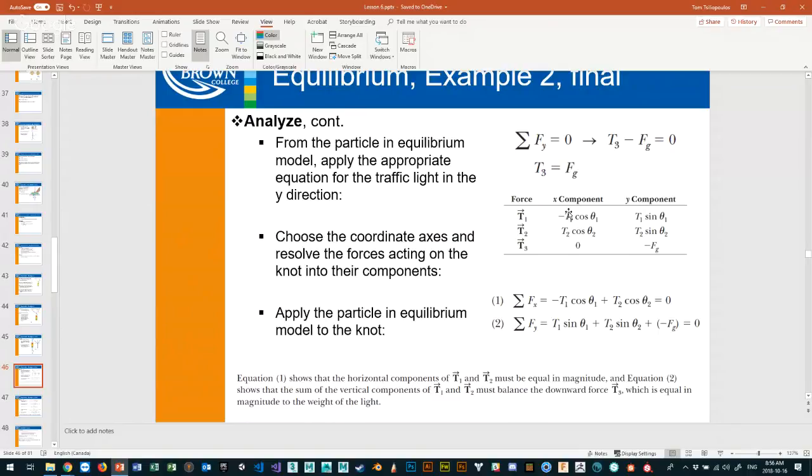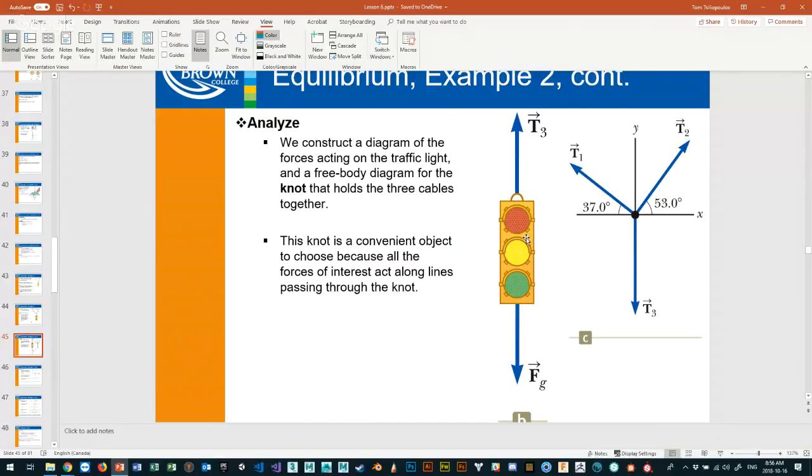Okay, so we've put all those things together. And then we apply the particle in equilibrium model to the knot. We say that the sum of all forces across the x-axis is equal to negative T1 cos theta 1 plus T2 cos theta 2, and that equals 0. Why is that? Because, going back to this model again, the knot's not moving this way or the other way.